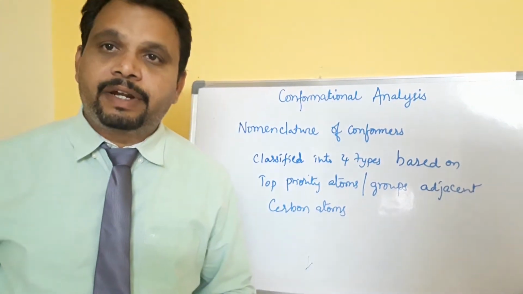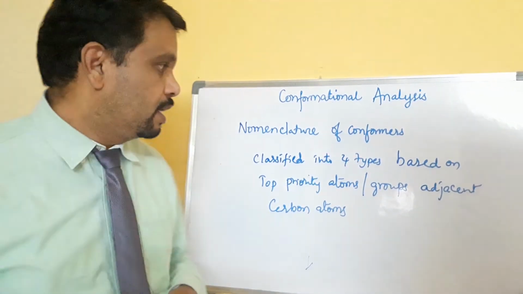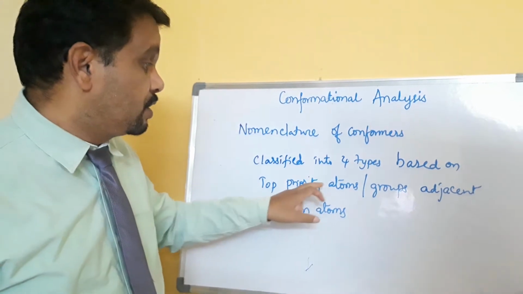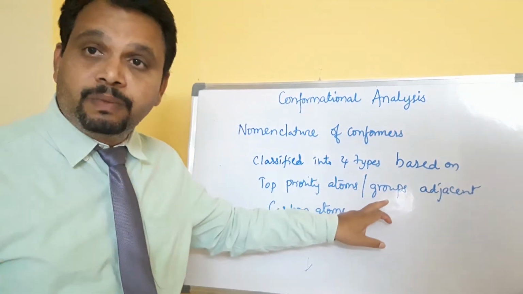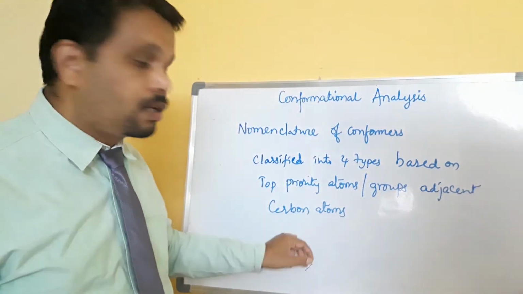Conformers are classified into four types based on what? Top priority atoms or groups which are on adjacent carbon atoms, right?